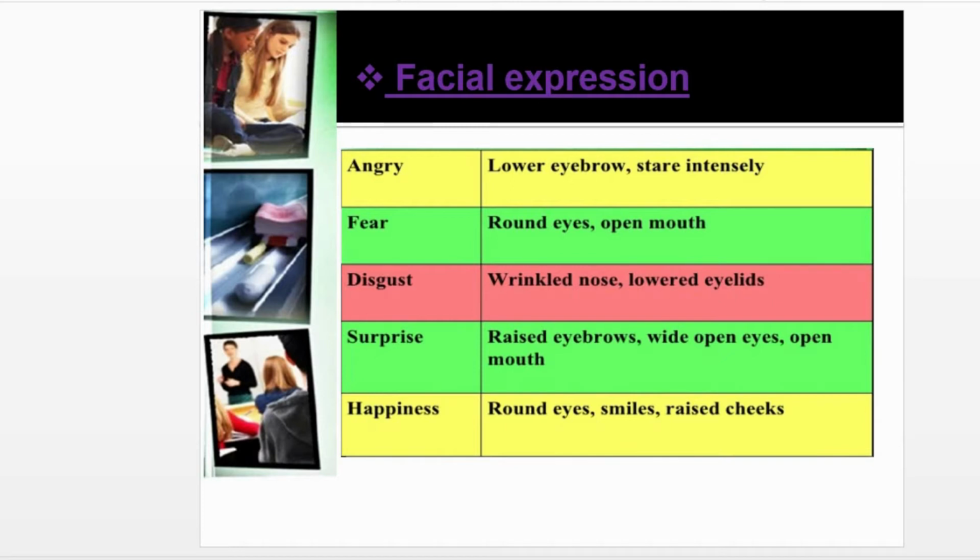Disgust, wrinkled nose and lowered eyelids. Surprise, raised eyebrows, wide open eyes and open mouth. Happiness, round eyes, smiles and raised cheeks. So these are a few facial expressions and expressions being done with the help of eyes, which is oculesics, that can help you to understand how a facial expression or oculesics will work.